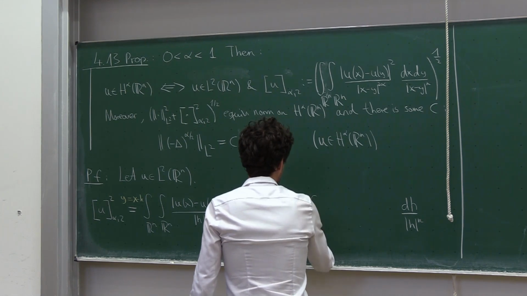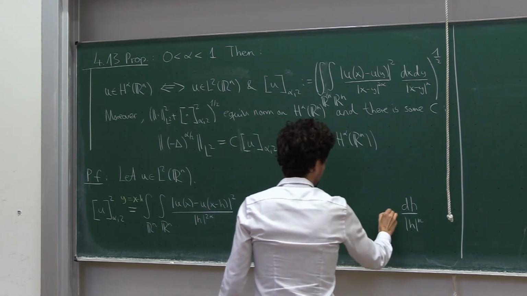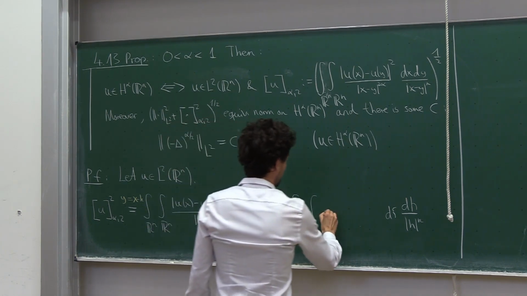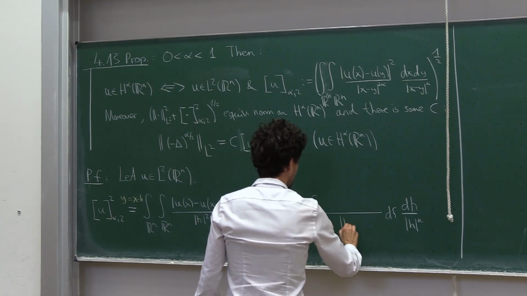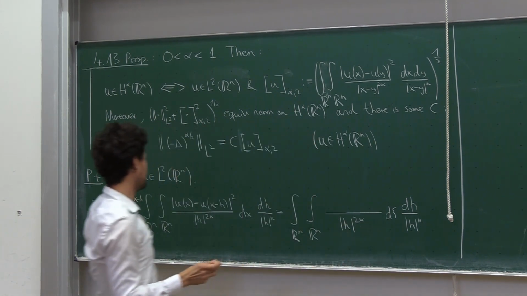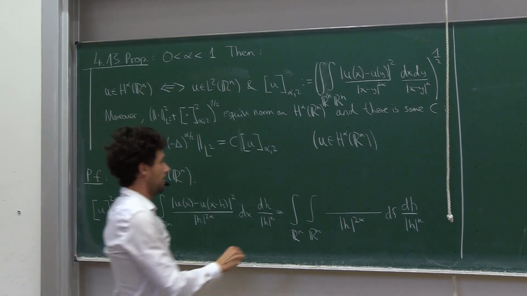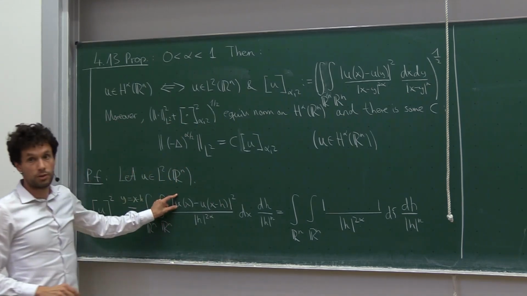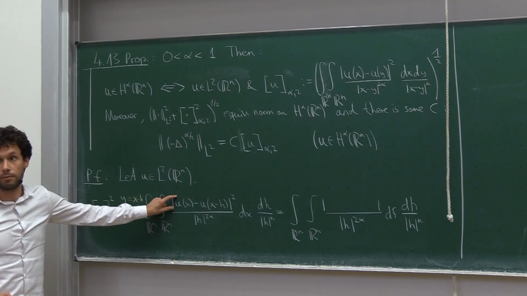And in this inner integral, well, I'm now integrating in the Fourier variable xi. And the expression that I'm getting is h to the 2 alpha, because that has nothing to do with xi. And then I get the L2 norm squared of the Fourier transform of this function.